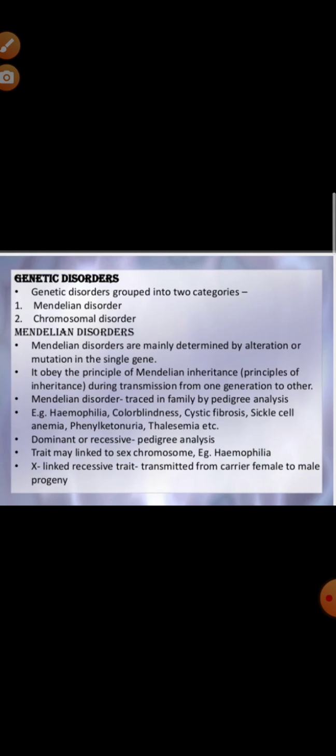They can be studied by dominant or recessive pedigree analysis, and the traits may be linked to sex chromosomes, or can be transmitted from carrier female to male progeny. So these few characteristics are there of Mendelian disorder.